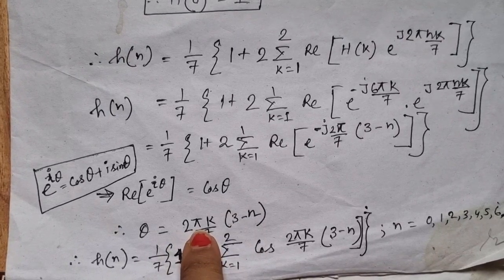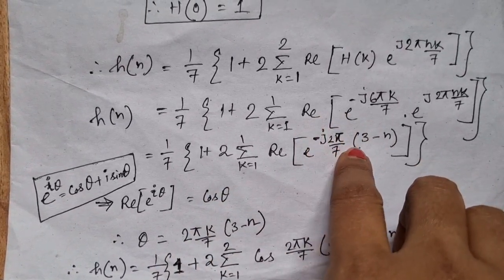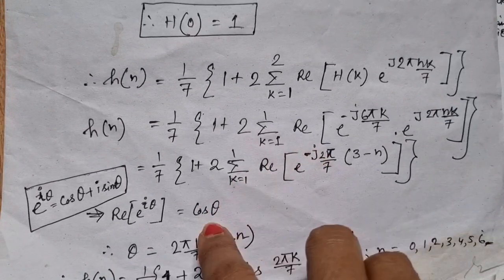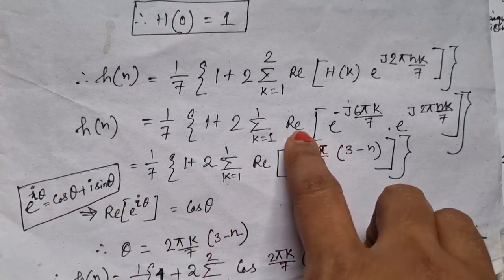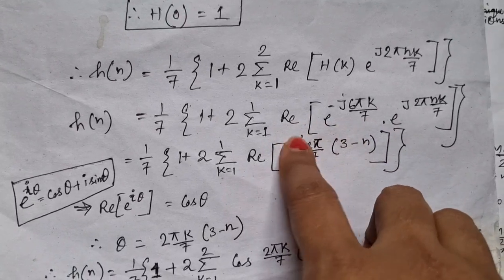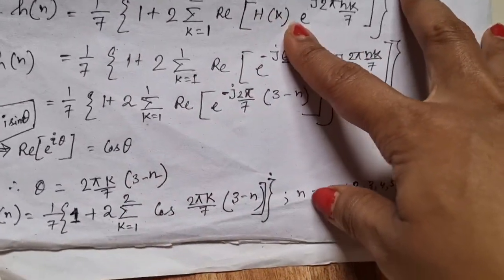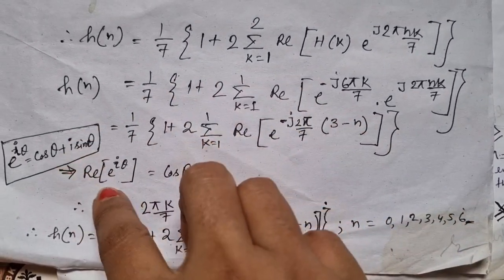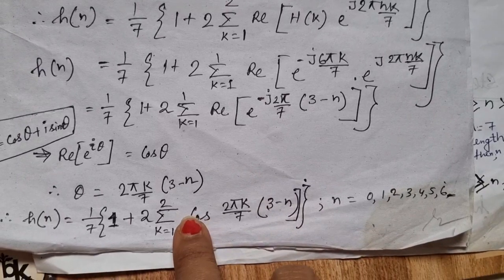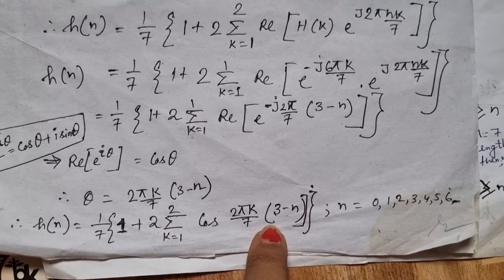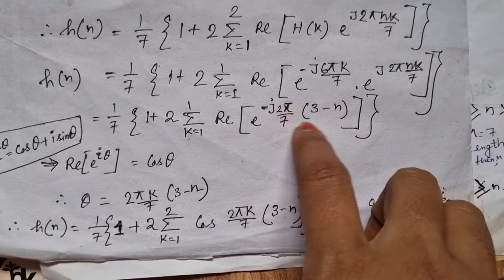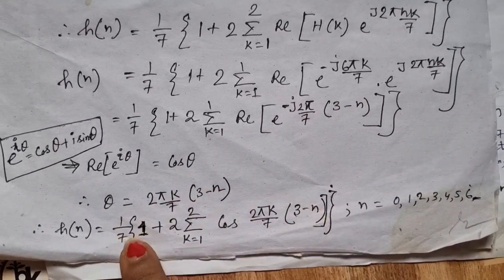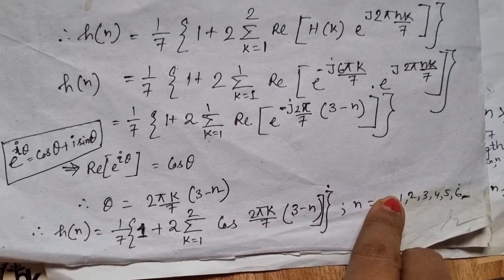Comparing these two, the exponent of e to the power i theta gives the theta portion. The real part of e to the power i theta is only cos theta, so I am writing cos theta here, because this is the theta, and solve it as per the value of n.